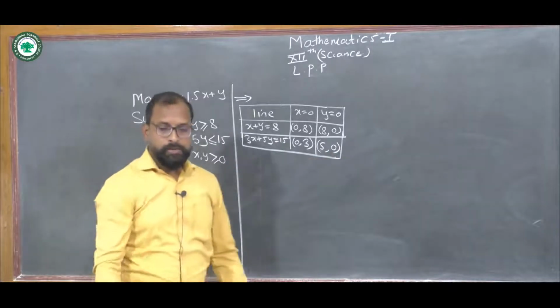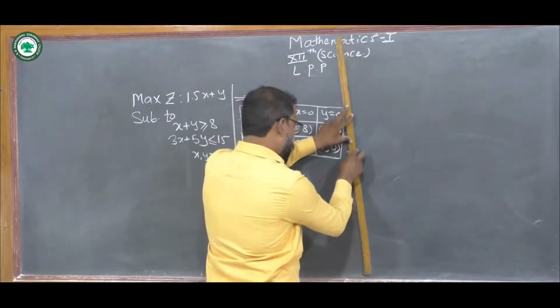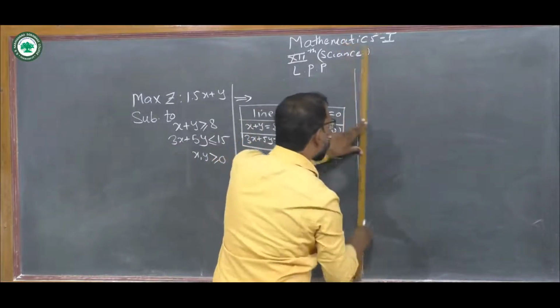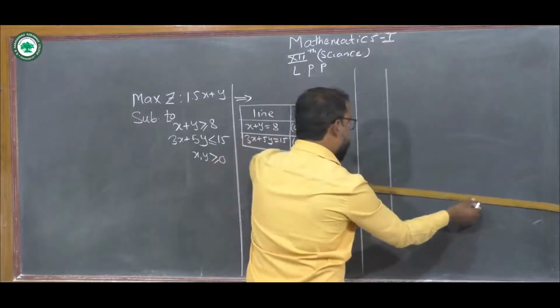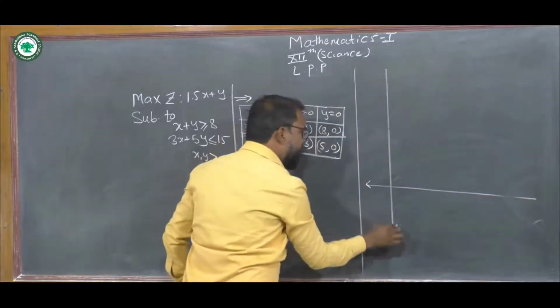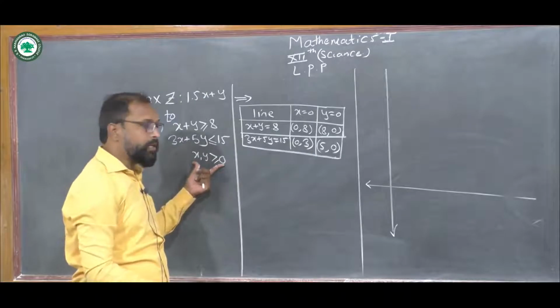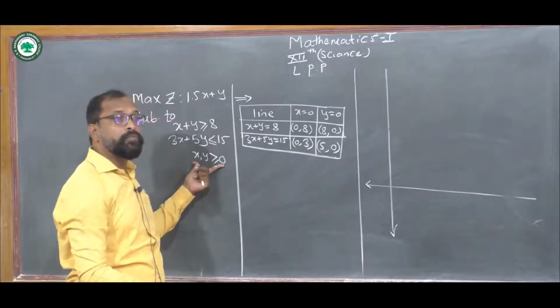Now, we try to plot these lines on a graph. To draw a graph, consider the x and y axis. Obviously, here the given constraints are x, y greater than or equals to 0, that is the non-negative constraints. So, we consider only the first quadrant.